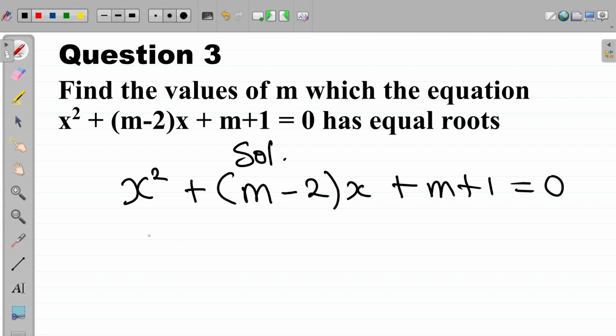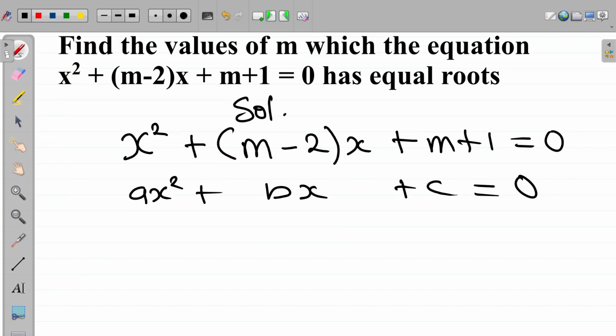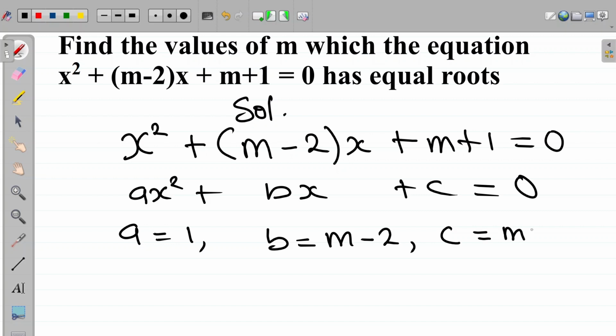Now, considering our general equation, ax squared plus bx plus c equal to 0, by comparison, you will find out that a is equal to 1 because the coefficient of x squared here is 1. b is equal to m minus 2, and c is equal to m plus 1. But we established that for equal roots, b squared is equal to 4ac.